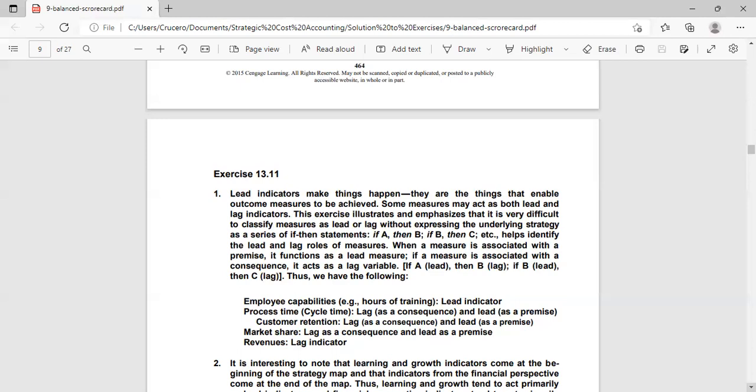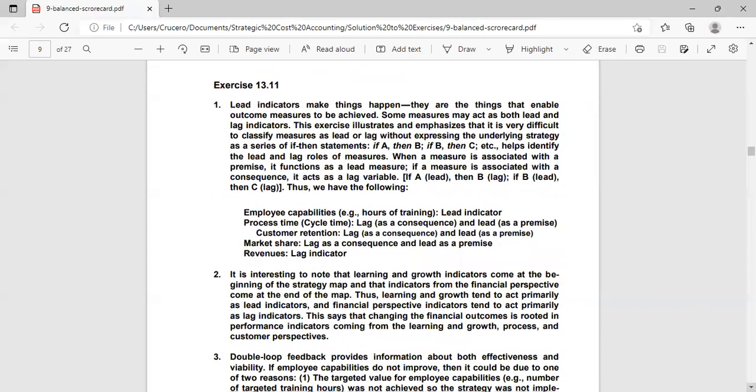Then we have customer retention, lag as a consequence, and lead as a premise. Market share, lag as a consequence, and lead as a premise. And revenues are lag indicators.